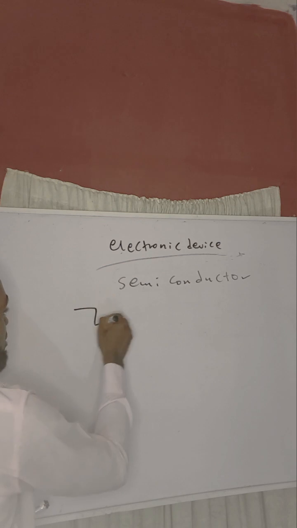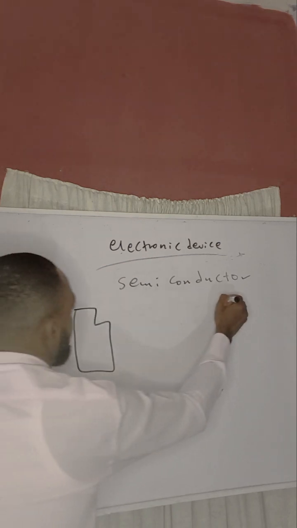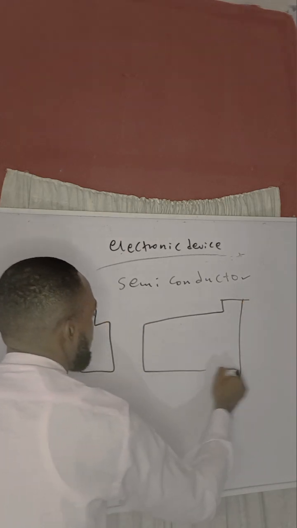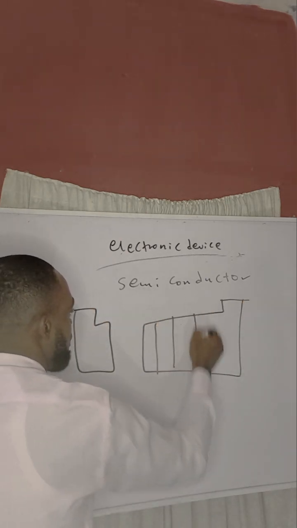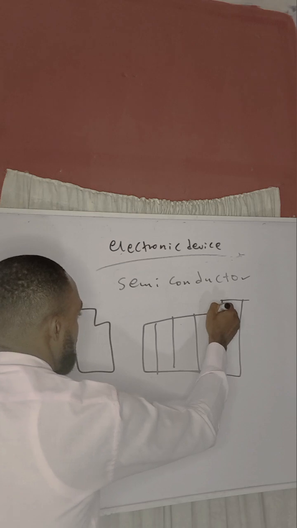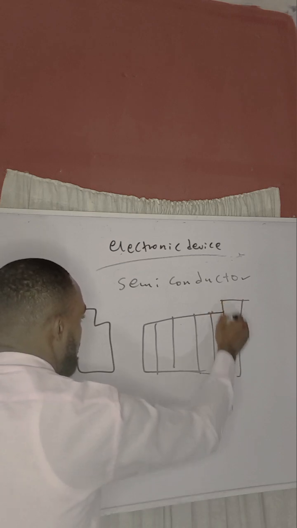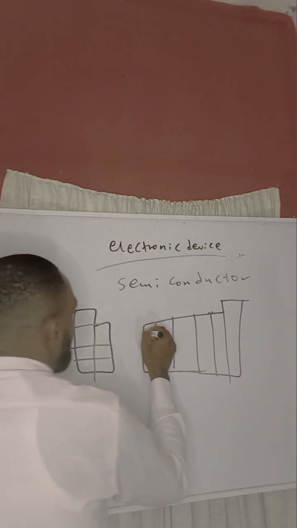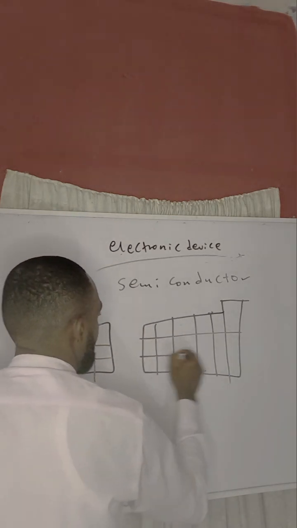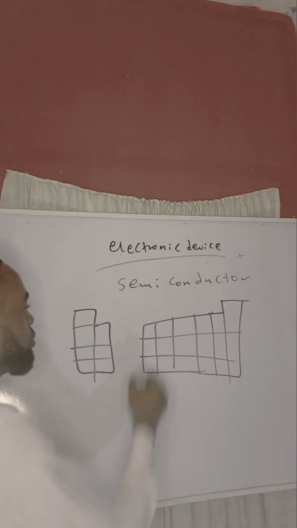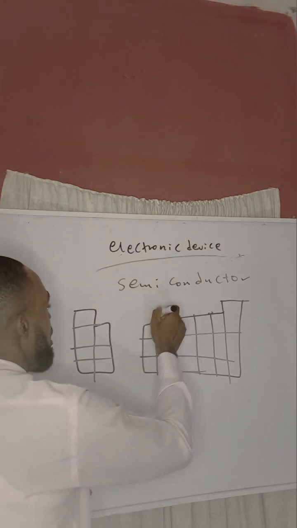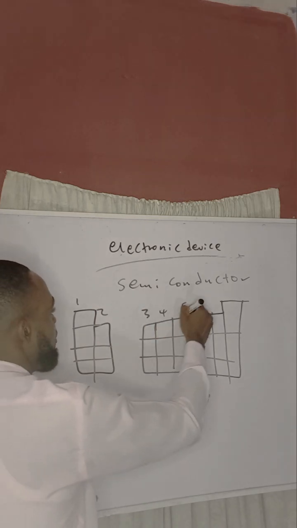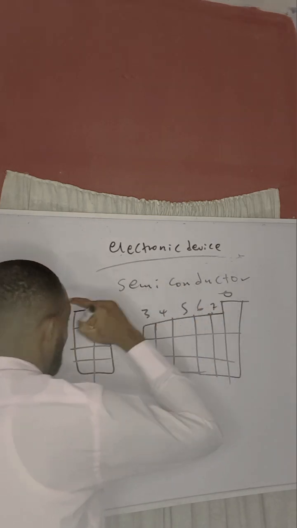For instance, if this is my periodic table, we have group 1, group 2, group 3, group 4, group 5, 6, 7, 0.